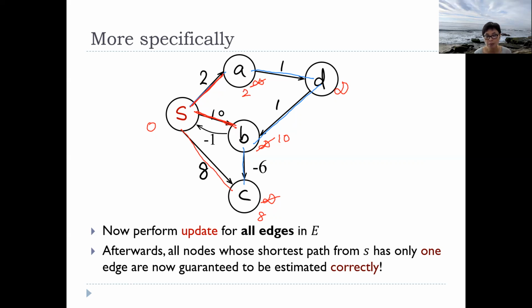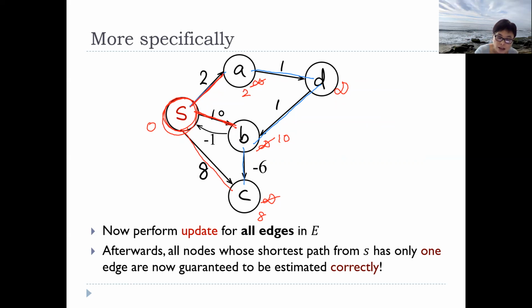Now note what we observe is that after the first round, I got some estimates on A, B, C, but not all of them are correct. However, the estimate to A now is correct. Why? Because the shortest path from S to A has only one edge. By the theorem, since before I run this update the shortest path to S is already correct, when I do update on this edge, the shortest path from S to A is also correct.